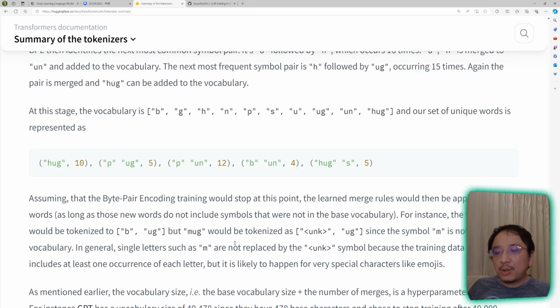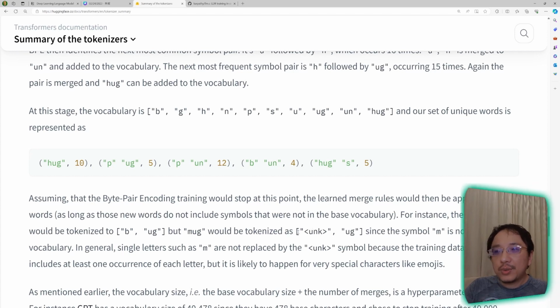Compared to word level tokenization, it has two major differences. One is that it uses an algorithm to construct the dictionary. The second difference is that, just like character level tokenization, if a word is not in the dictionary, we spell it using the tokens that appear in our dictionary.